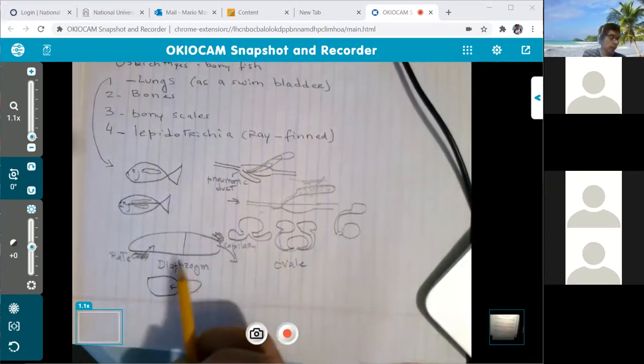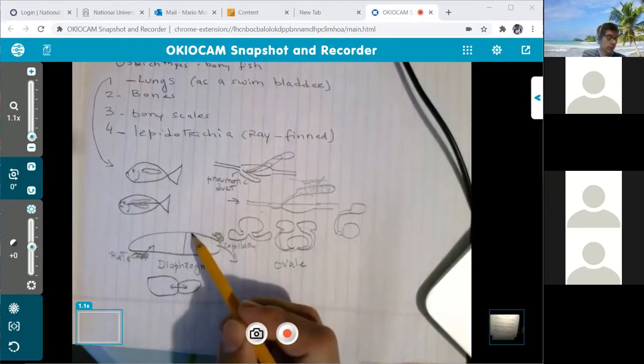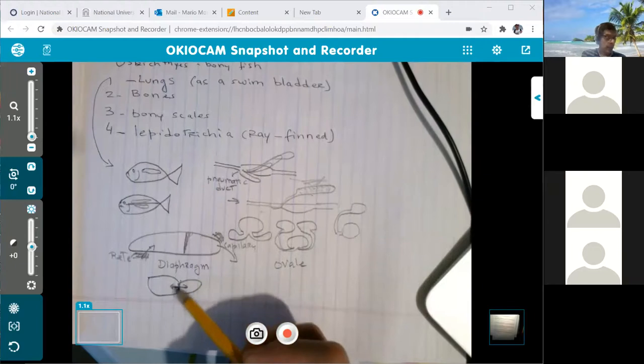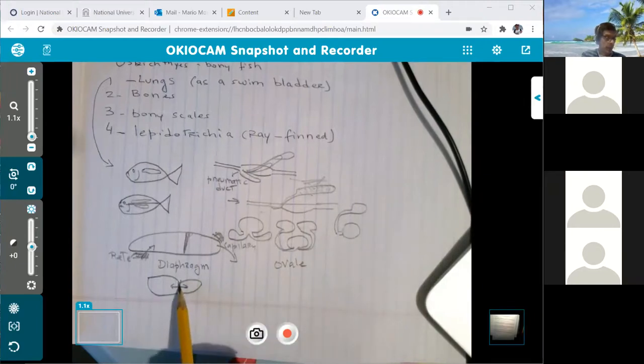Okay? So what these fish do is they constrict this muscle, and by opening and constricting, they can control how much air is moved from the swim bladder to this side and out. So it's just a different way of doing the exact same thing.